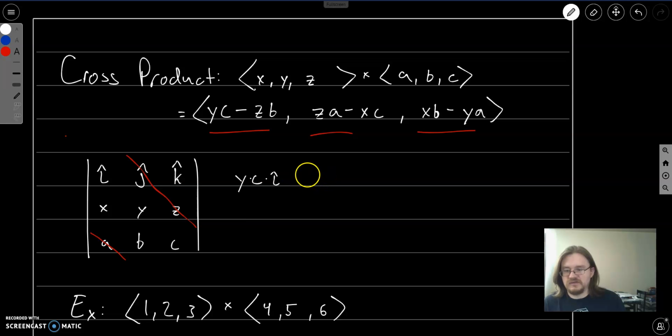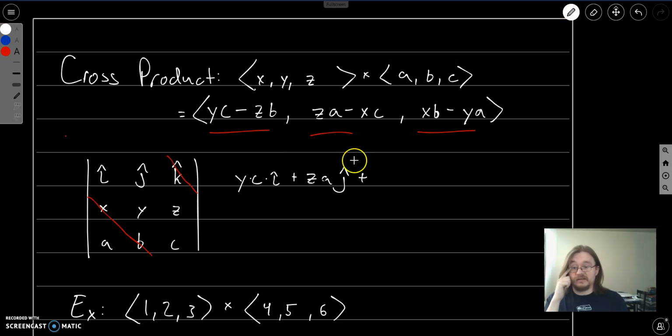So z, a, j. And we're going to add all of these guys up. And then the last one, we're going to start over at k, but we don't hit a number over here, so we start over from the left-hand side, and we hit x and b. So this is going to be x times b times k.